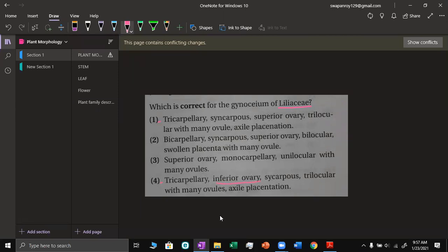This is not true with Liliaceae. So this number 4 option is not correct. Others are okay. Syncarpous, trilocular with many ovules, axile placentation, everything is all right. But this is a wrong character. So our answer is option 1. Tricarpellary, syncarpous, superior ovary, trilocular with many ovules in axile placentation.